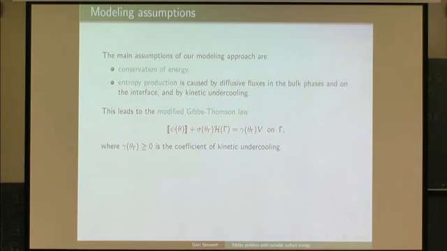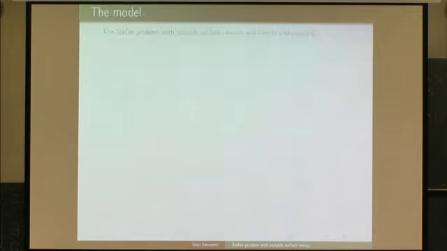I will come back a little bit later and show you another, more familiar way to read that, that the temperature is proportional to mean curvature. I will do that in a couple of minutes. And I take the liberty either to include kinetic undercooling, so it can be 0, or it can be positive. But it changes the problem. It's known to experts that kinetic undercooling makes the problem, in fact, easier.